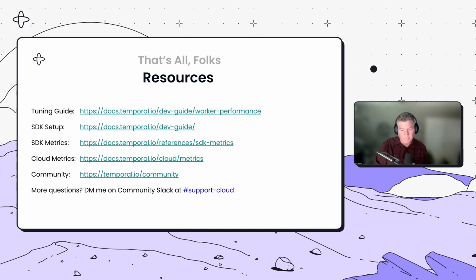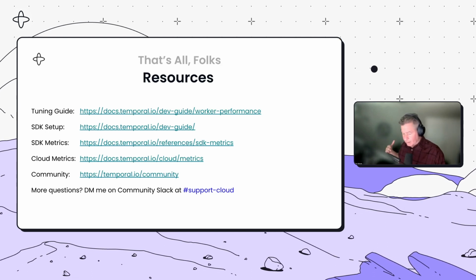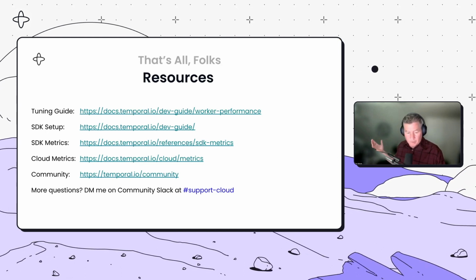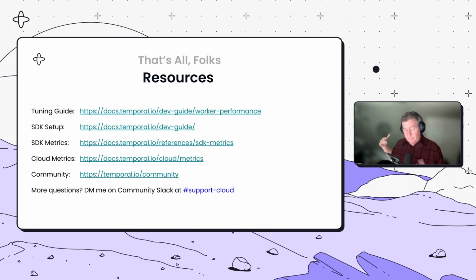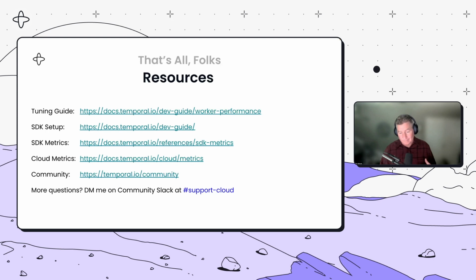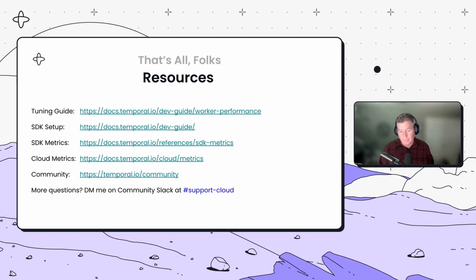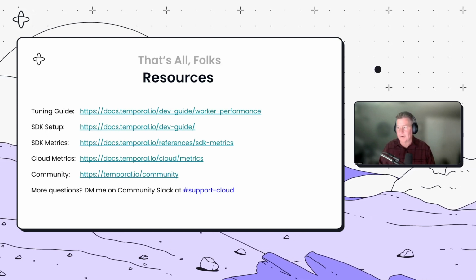That's really useful if you have a rate limit on a third party API that you're connecting to, and Temporal can actually throttle for you. You don't have to build that rate limiting logic yourself, which is pretty handy.